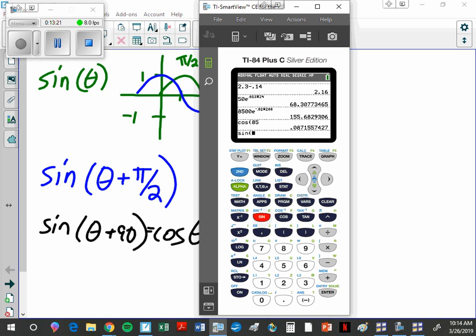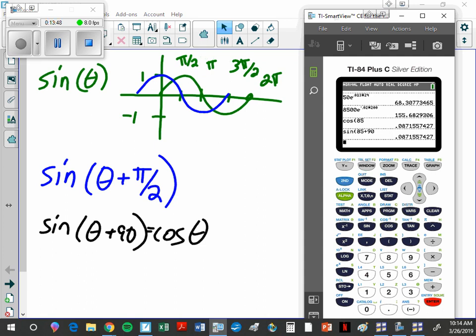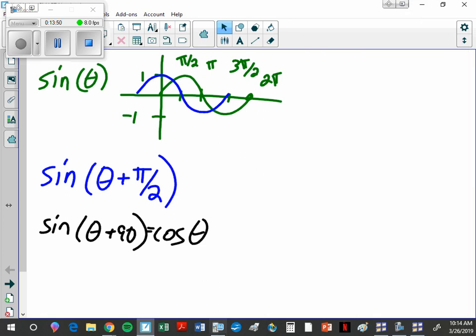And I did the sine of 85 plus 90, I also get 0.87. And that is always true. The cosine of any angle is equal to the sine of the same angle plus 90. You could flip it around and say the sine of theta is always equal to the cosine of theta minus 90, which is something that we're going to use quite a bit later on.